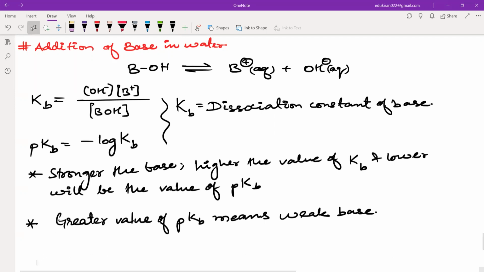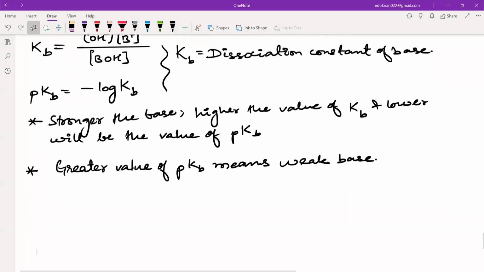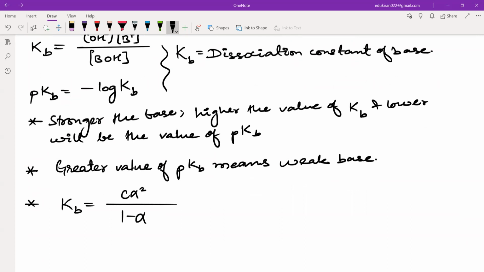Okay. Similarly, for Kb also we can write the relationship between degree of dissociation and Kb. It will be the same thing. It will be again C alpha square divided by 1 minus alpha. Again, alpha here is the degree of dissociation of the base.